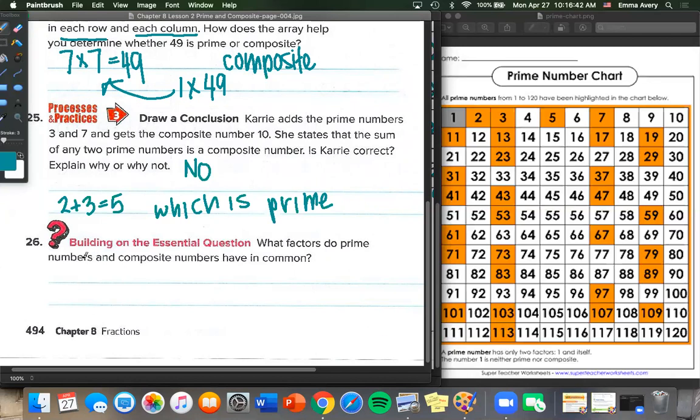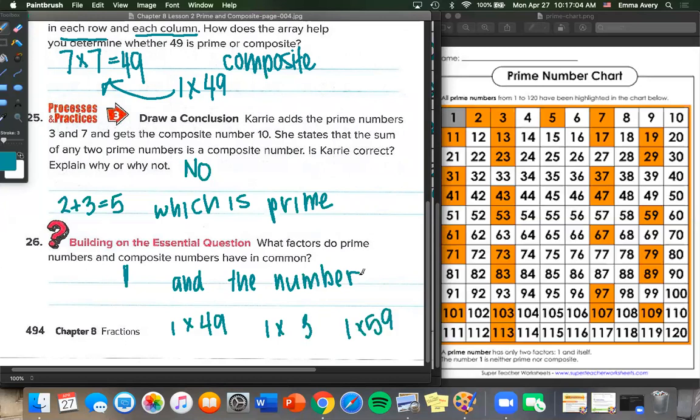What factors do prime numbers and composite numbers have in common? Well, prime numbers always have 1 in common and the number. So 1 times 49, or 1 times 3, or 1 times 59. This is that number that I'm talking about.